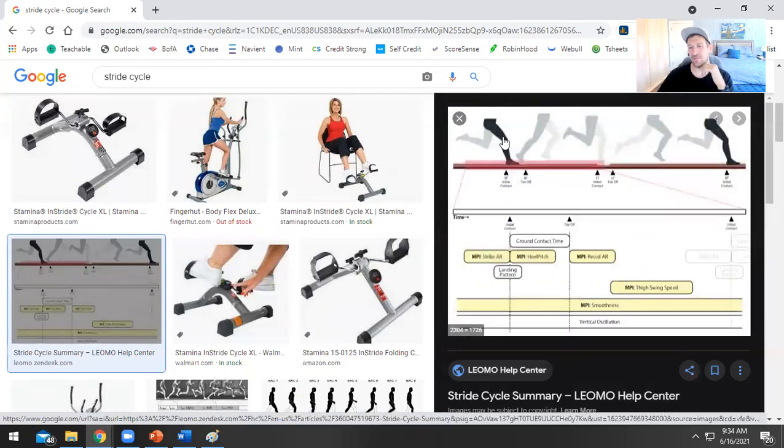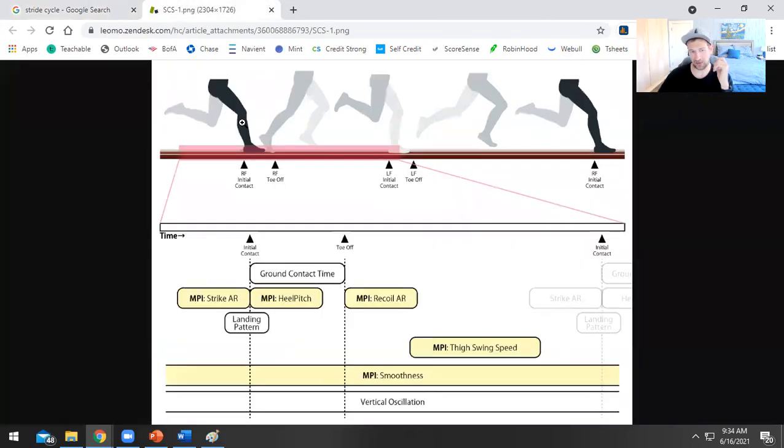So you can see, right? This is as they are planted, this leg here is making initial contact. And then there's the recovery as they are transitioning this leg through into the next one and then driving off with that leg again, right? So drive phase and then recovery phase and then plant phase and rinse and repeat.